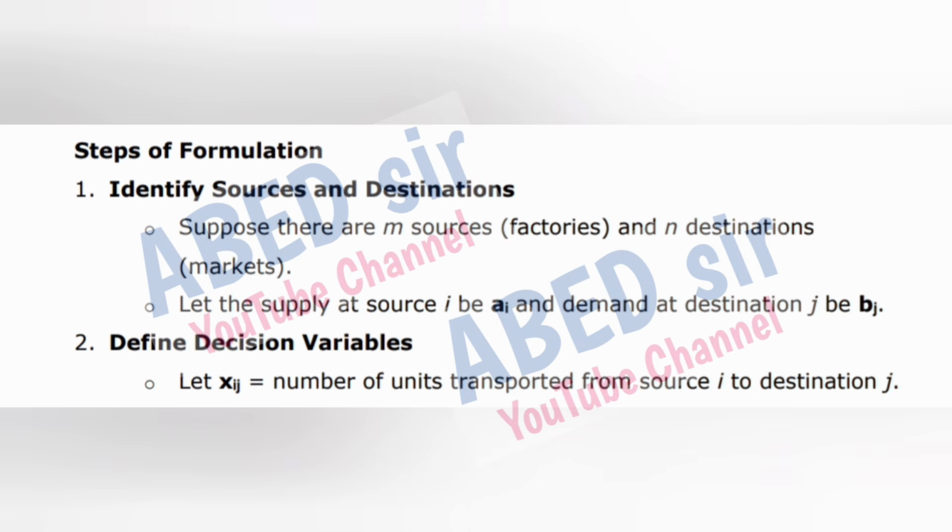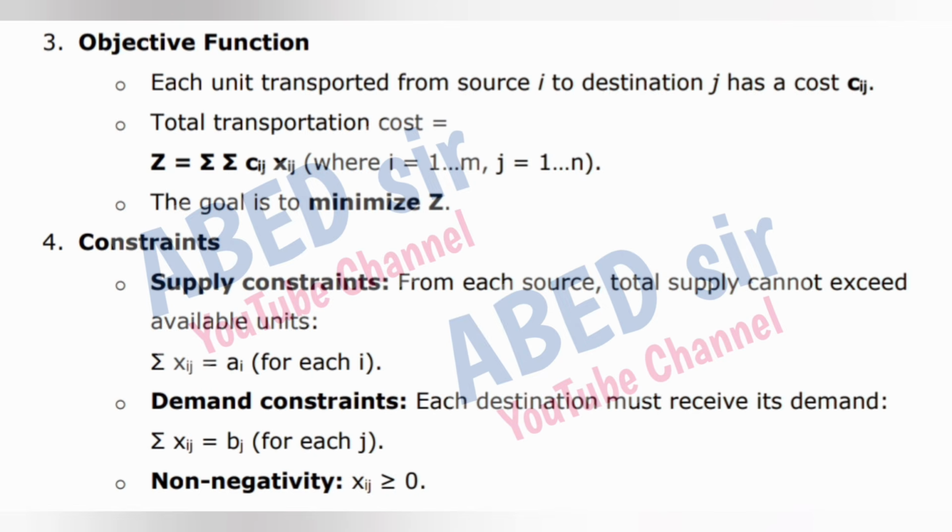Let x_ij be the number of units transported from source i to destination j. 3. Objective function. Each unit transported from source i to destination j has a cost c_ij. Total transportation cost is Z = sigma c_ij x_ij, where i = 1 to m, j = 1 to n. The goal is to minimize Z.